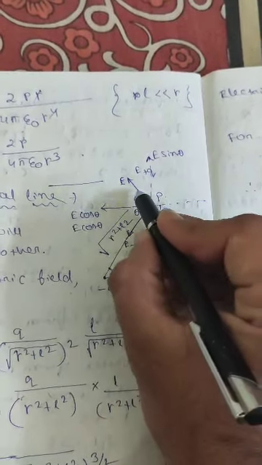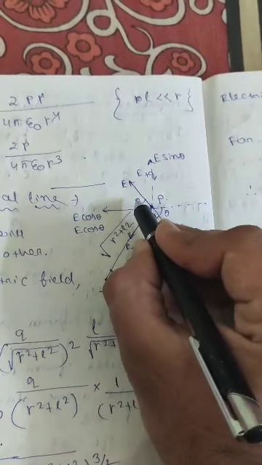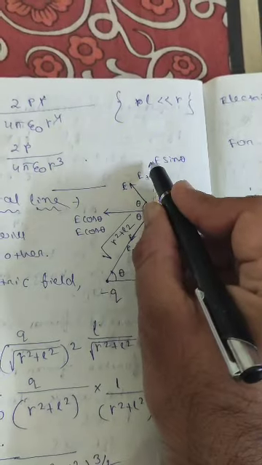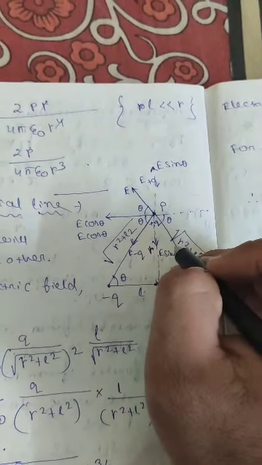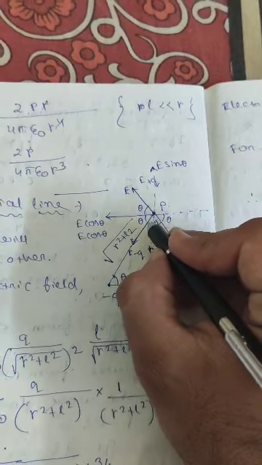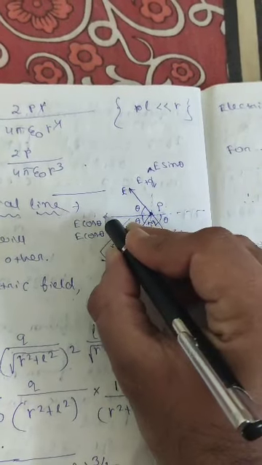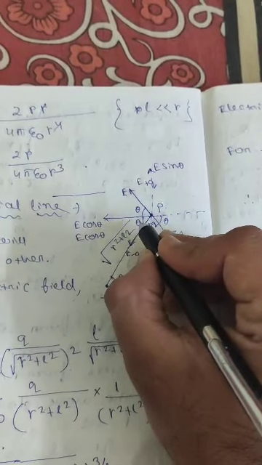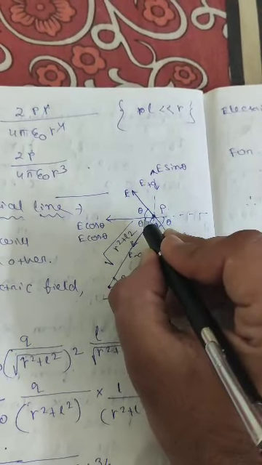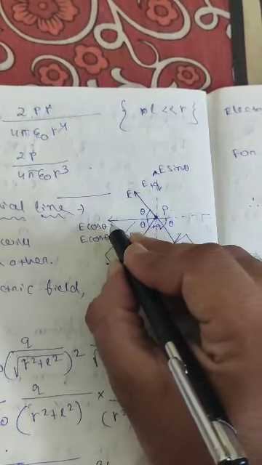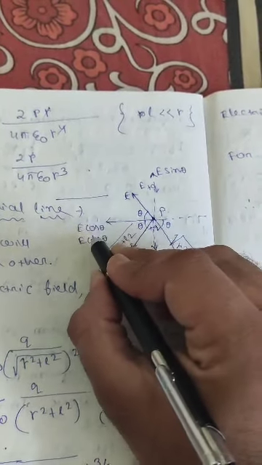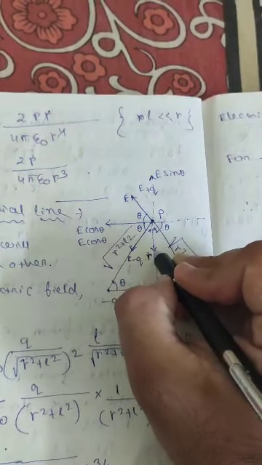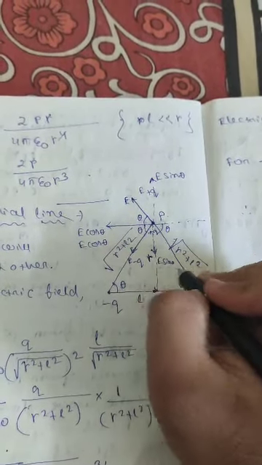So this component is E cos theta, and this one is E sin theta.